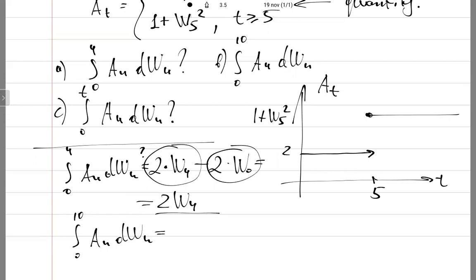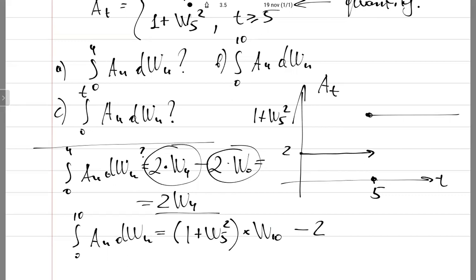But in the case when we integrate from 0 to 10, there will be one transaction at time t equal to 5. And so our final wealth will be 1 plus W_5 squared, multiplied by the price W_10 at the final moment, minus the initial wealth.